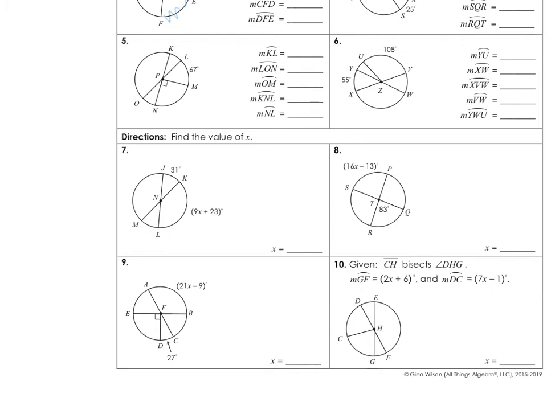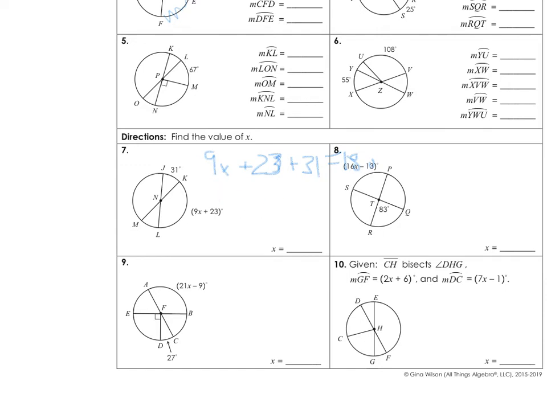So if I were solving this problem, I would say 9x plus 23 plus 31 equals 180. So that's how you're going to solve for x. Make sure you combine like terms, subtract them over, divide by 9, and so on.